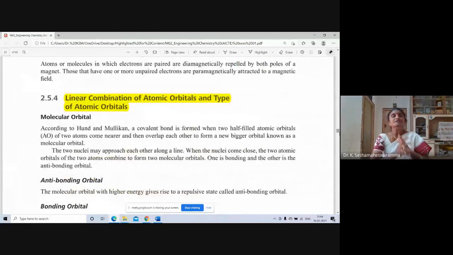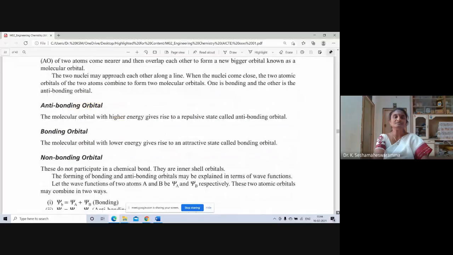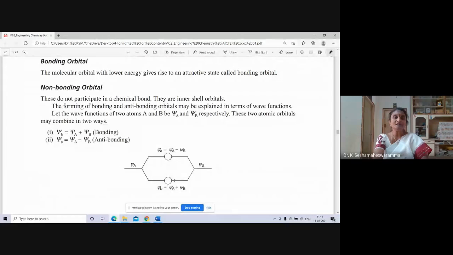The two nuclei may approach each other along a line. When the nuclei come close, the two atomic orbitals of the two atoms combine to form two molecular orbitals. One is the bonding, another one is the anti-bonding orbital, like here. This is bonding, this is anti-bonding. This is the atomic orbital of atom A. This is the atomic orbital of atom B. With this, one bonding and one anti-bonding molecular orbital are formed.